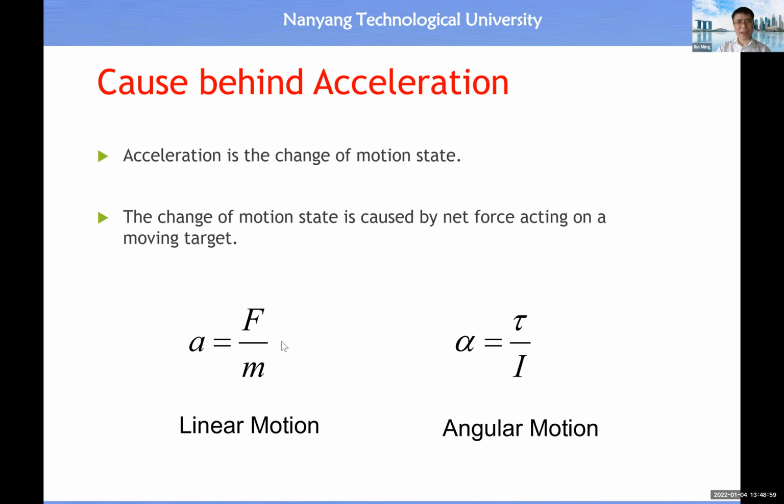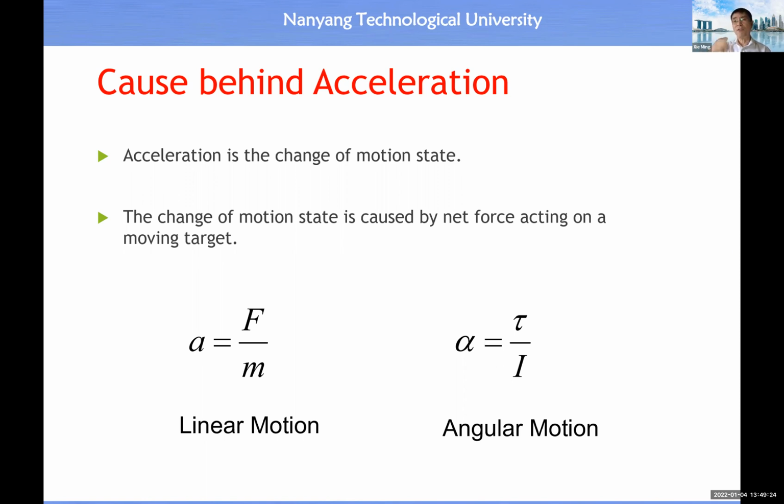For linear motion, the acceleration is equal to F divided by mass. For angular motion, the angular acceleration is equal to torque divided by the moment of inertia about the rotation axis. For the same mass, if we change the axis of rotation, the moment of inertia I will change also, right?